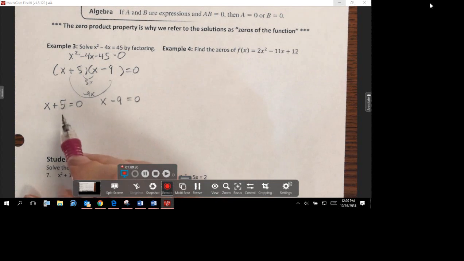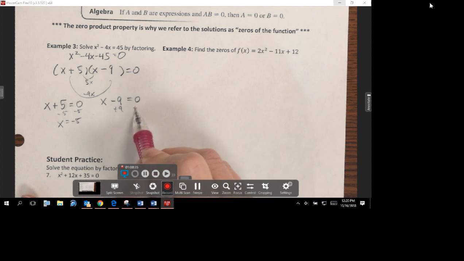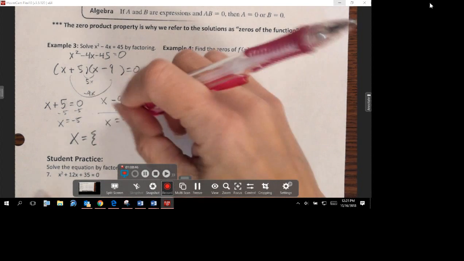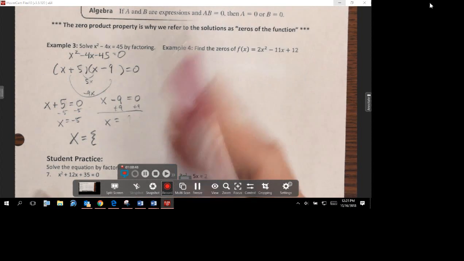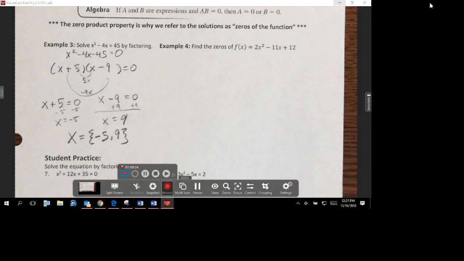We're going to set each of these equal to 0, and then we're going to solve each of these. So I get x equals negative 5. I get x equals 9. Which of these is smaller? Negative 5, then 9. There you go.